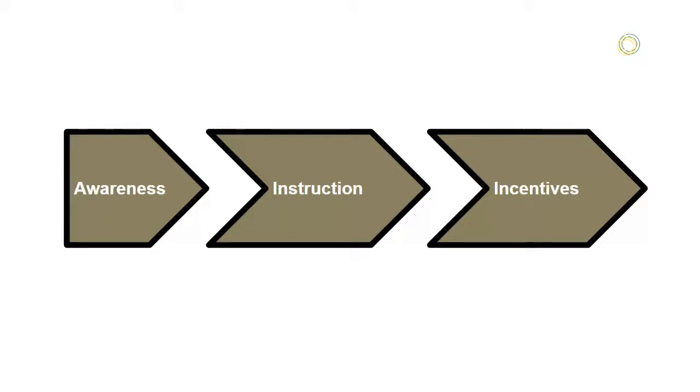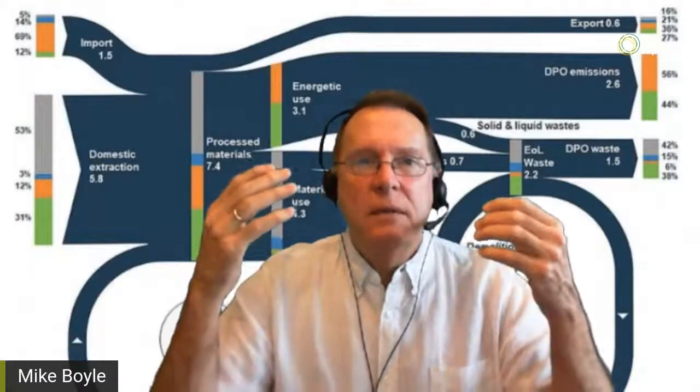But my big point here is if we're not able to create incentives for everybody to understand it's in their interest to continue once we've gone past the awareness, once we've gone past the instruction, that we have incentives to keep on repeating this, then only at that point in time are we going to make progress.